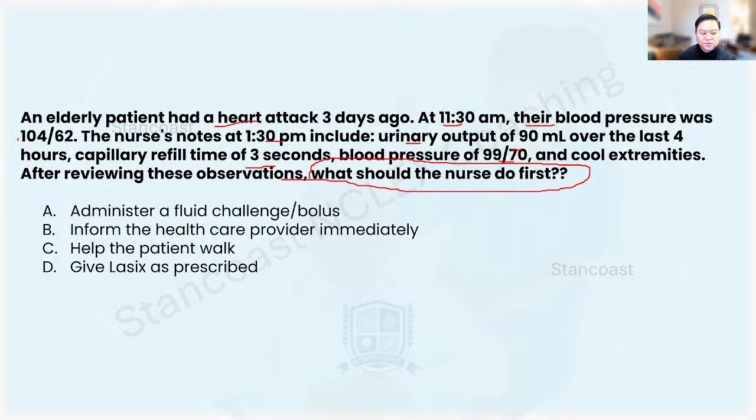What should you do first? Is it A, administer a fluid challenge or bolus? Or is it B, inform the healthcare provider immediately? Or is it C, help the patient walk? Or is it D, give Lasix as prescribed?